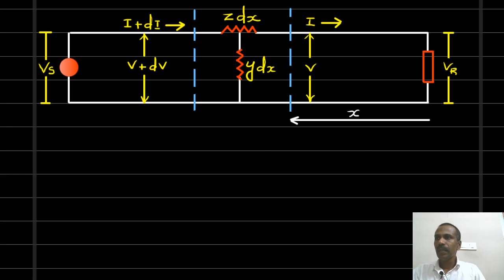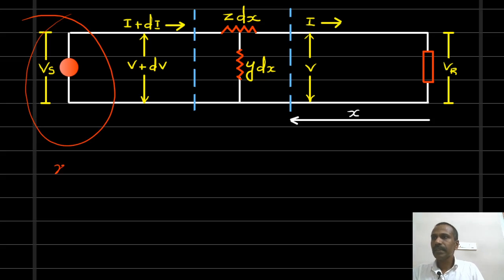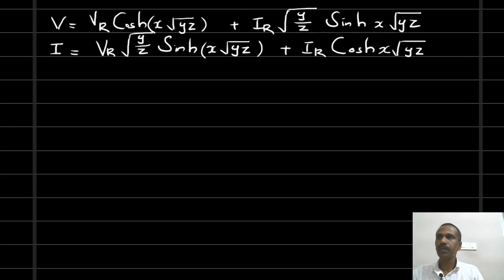If we apply this boundary condition, that is x is equal to L, we will get the sending end voltage and the sending end current. That is our objective. In all modeling problems, we need to find out sending end parameters. So here we put x is equal to L. So V becomes Vs and I becomes the sending end current.